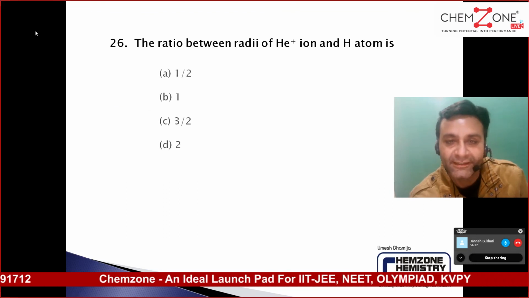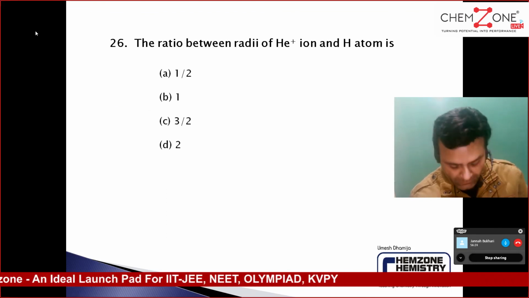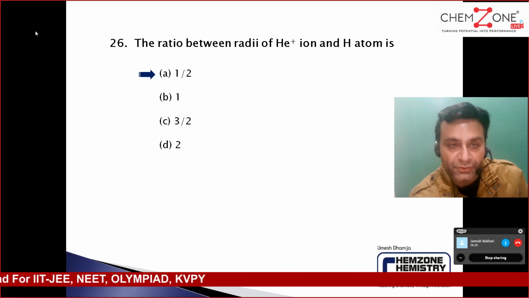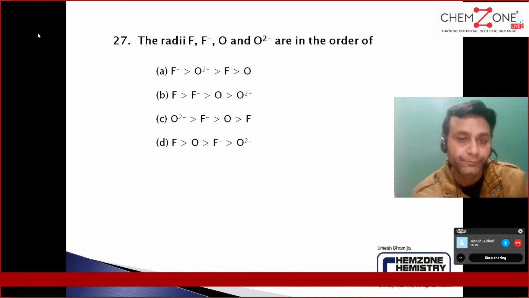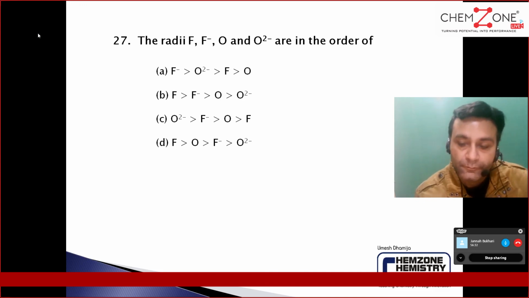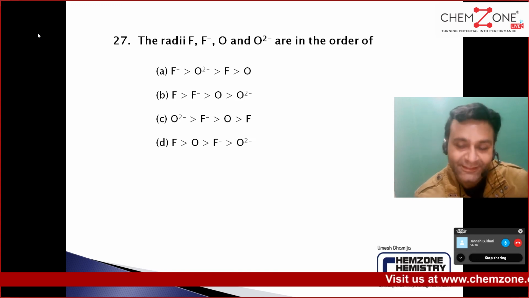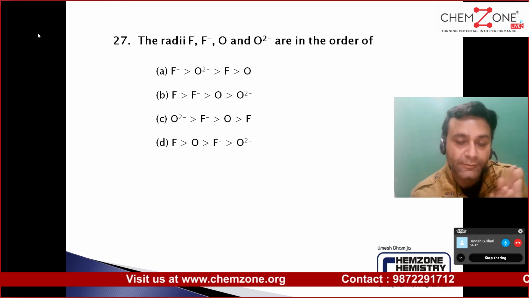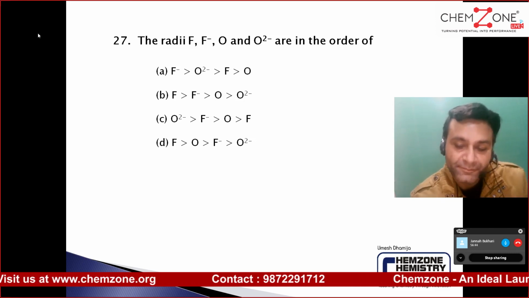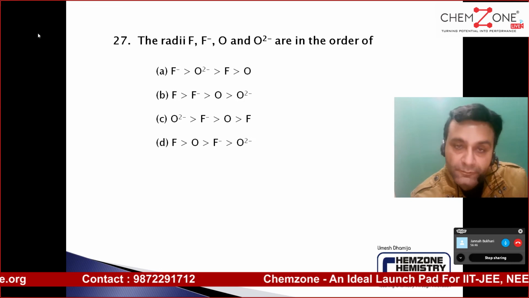Okay. Ratio between radii of each. Leave this question right now, come to this one. Okay. So then think logically, no guessing, please. So the biggest one would have the most electrons in it.